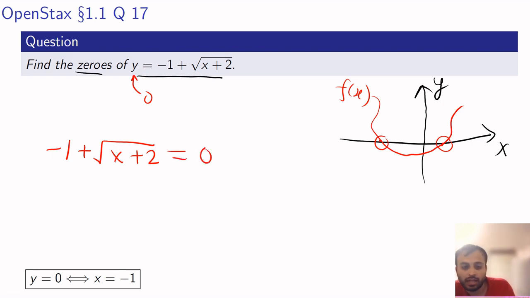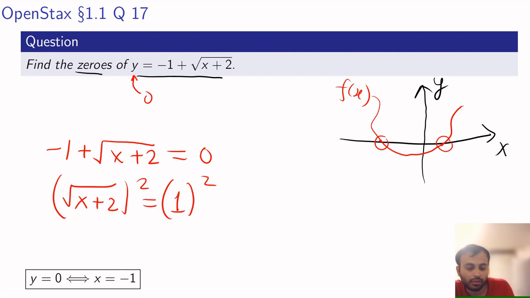What I can do is add 1 to both sides, then this equation looks something like this. Now if I square both the sides, then this will look like something like this.